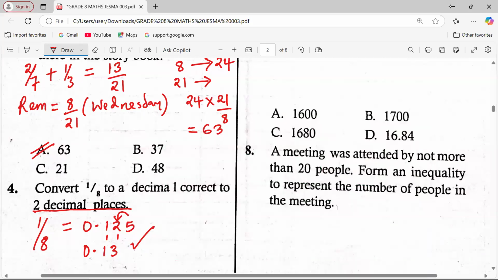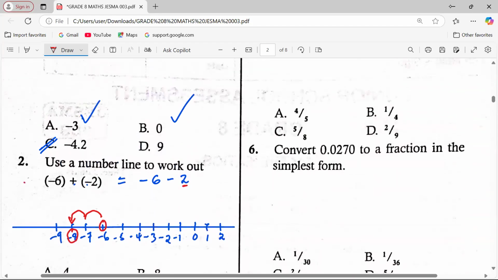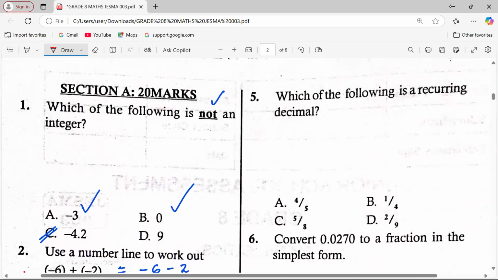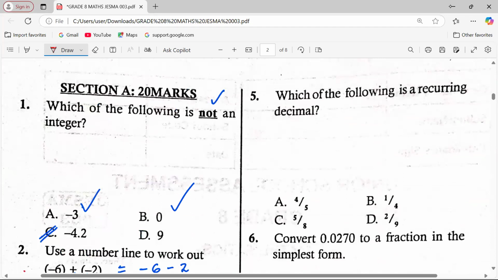All right. In number 5, the instruction is, which of the following is a recurring decimal? The opposite of a recurring decimal is what we call a terminating decimal.